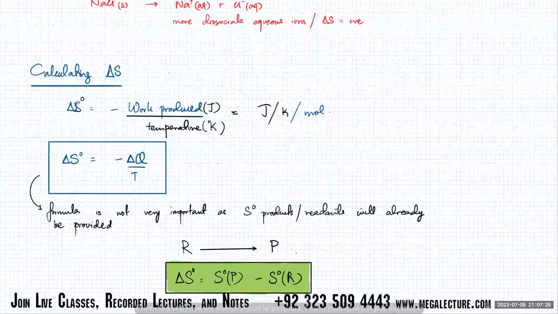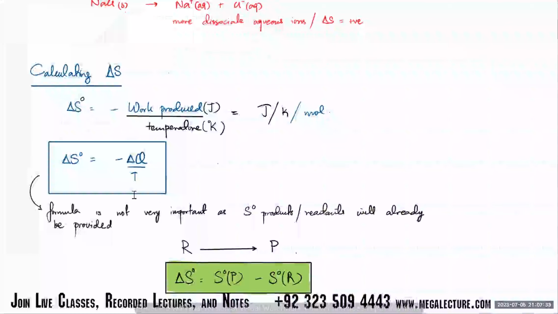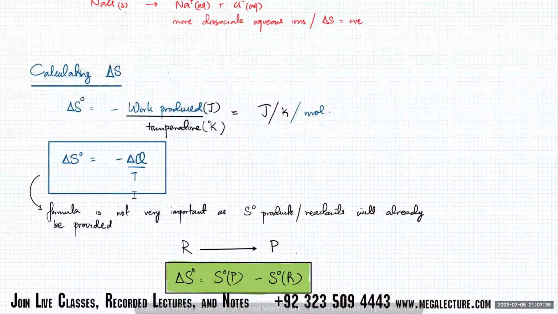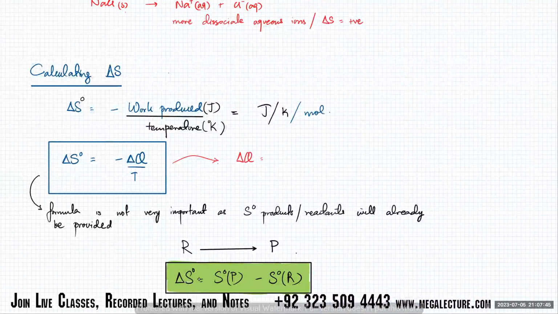What was entropy change? Entropy change was the work that is produced at a particular temperature, right? So delta S was basically minus delta Q over T. We've learned how to calculate delta S. What we can do is just rearrange it. So the work that is going to be produced is basically T times delta S with a minus sign.